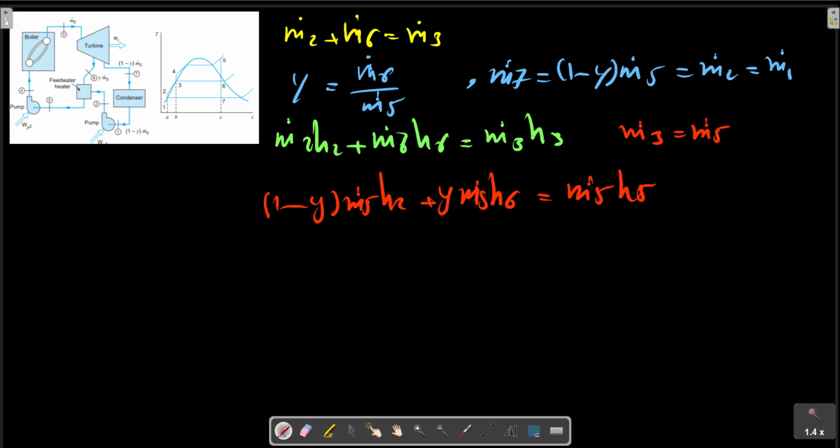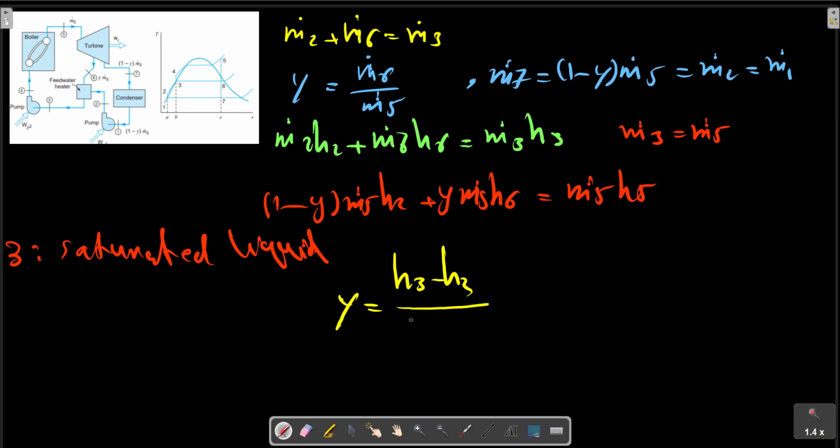We take state 3 as the limit of saturated liquid, and then solve for the parameter y, which is m6 over m5, the portion of the working fluid that goes to the feed water heater.